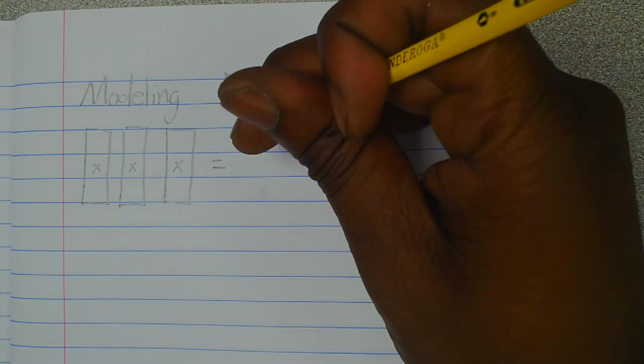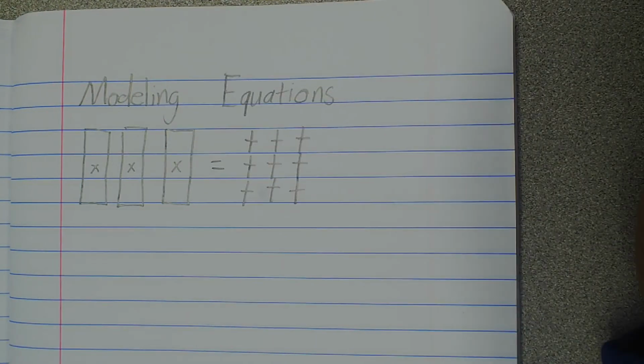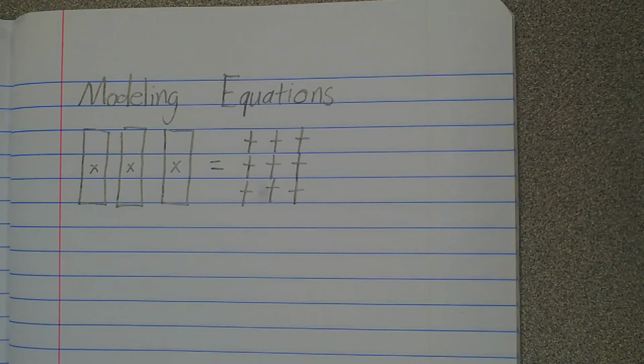Okay. That's the left side of the equation. All right. The right side of the equation is the value.